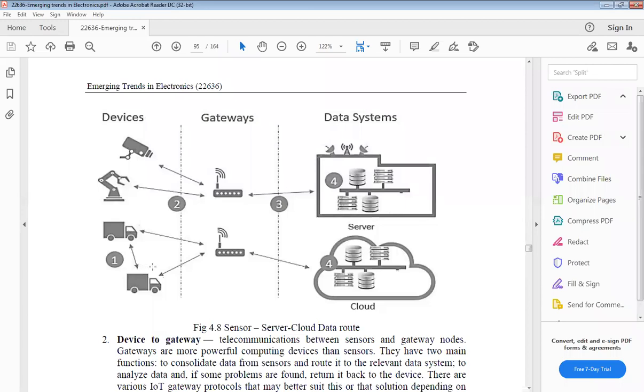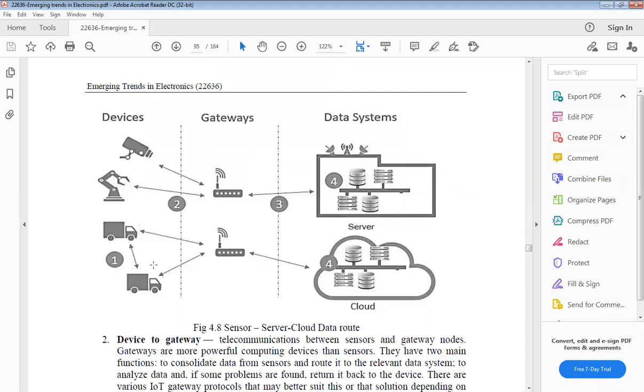Suppose two robots are there, those two robots can directly communicate with each other using some wired or wireless technology, and synchronization may happen between the two machines. Okay, so this is one kind of data routing that is possible.